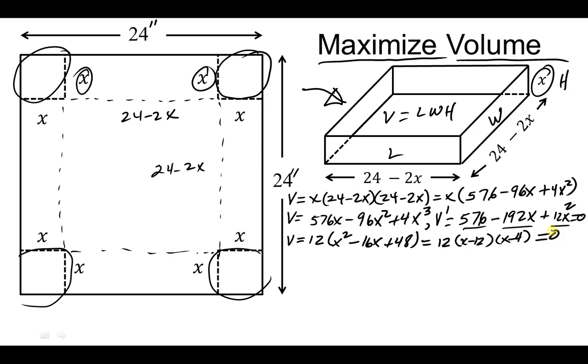If that equals 0, then the critical values are x equal 4 and x equal 12.